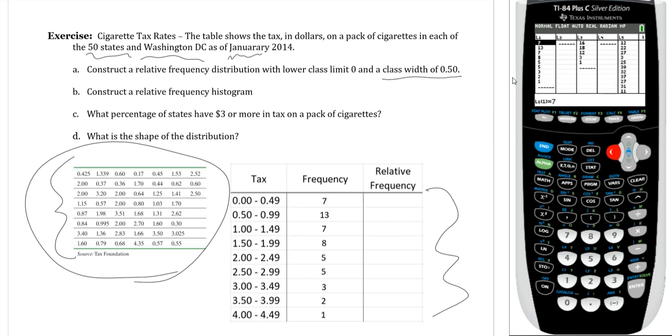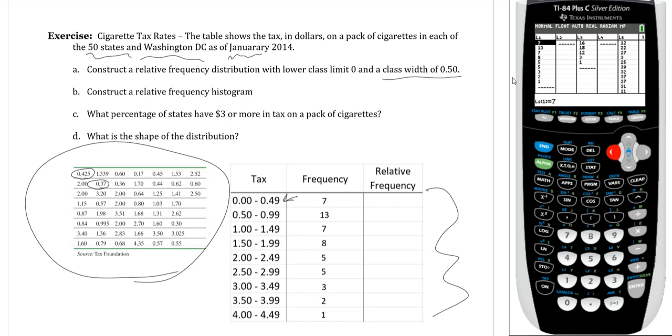When you have your classes done, then what we're going to do is go through that table and count how many values I have in each of those classes. So for 0 to 0.49, what I would do is look at this table and say, how many numbers do I have between 0 and 0.49? For example, I have 0.425, which is between 0 and 0.49. I have 0.37.